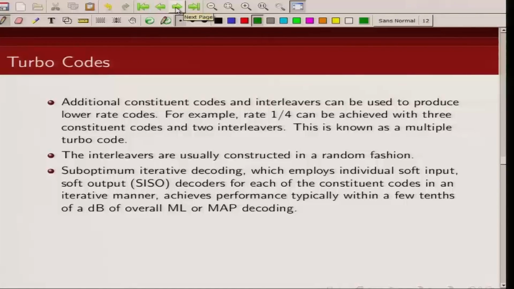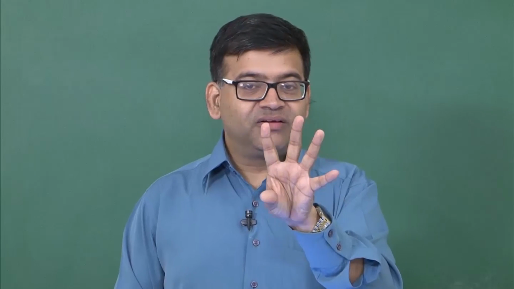So, you have seen how we are constructing the encoder. It is a parallel concatenation of two encoders, right, and you have an interleaver. Now, how do we decode these codes? We are going to use an iterative algorithm. So, we are first going to decode one decoder, then we are going to decode the second decoder, and these decoders will pass on information to each other.